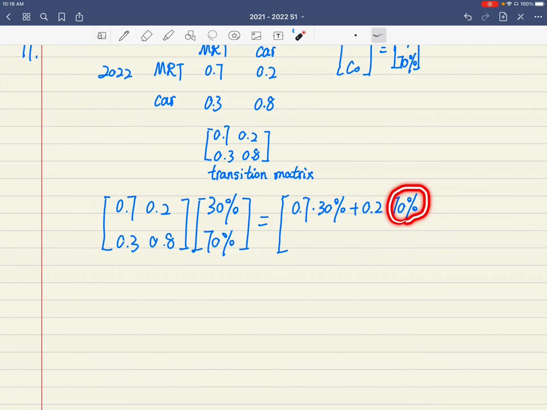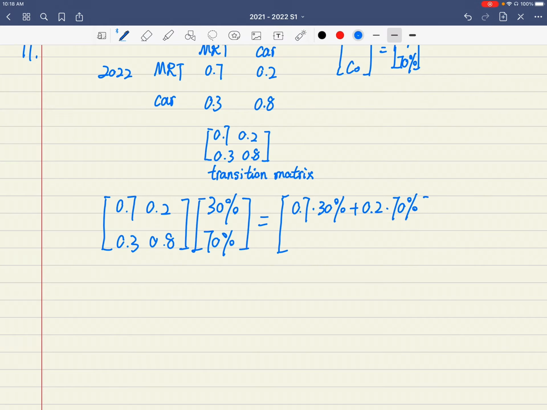And now there are 70% of people driving cars. Out of those 70% of the population, 20% of them will change from driving a car to taking MRT. So this is the people who keep taking MRT, and this is the people who convert to taking MRT.